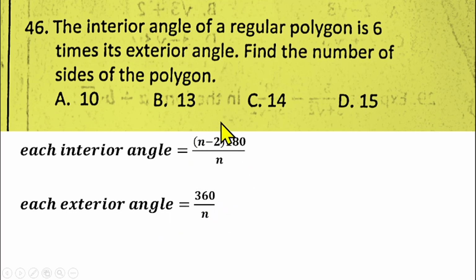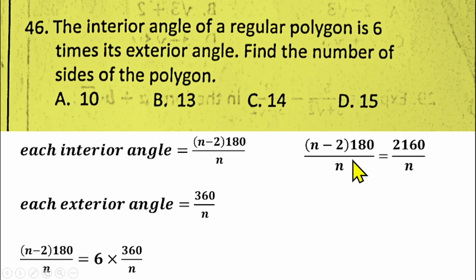So each interior equals 6 times each exterior. 6 multiplied by 360 gives us 2160, so (n minus 2) times 180 over n equals 2160 over n.